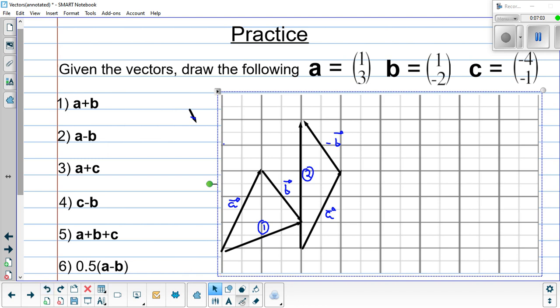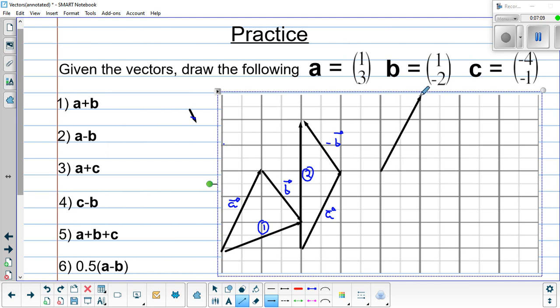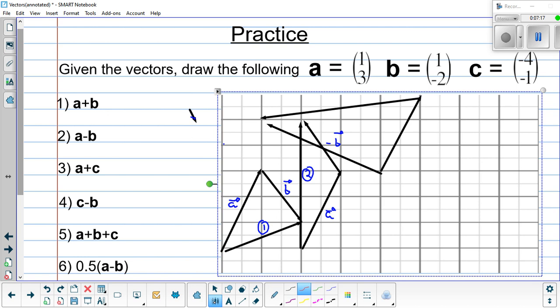So here, we will actually do it differently. A is 1 over 3 up. So here we're going 4, 1, 2, 3, 4, and 1 down. So that way A plus C is there. So this is 3. This is A. This is C. Sorry about that.